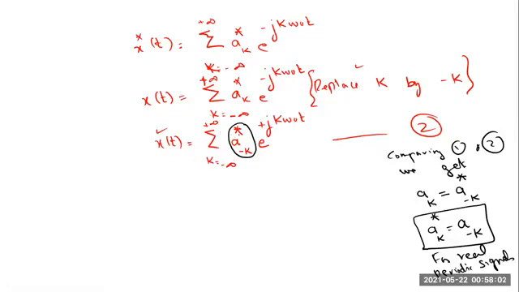So let me separate the value for k equal to 0. On the right hand side, if you put k equal to 0, you will get a0.